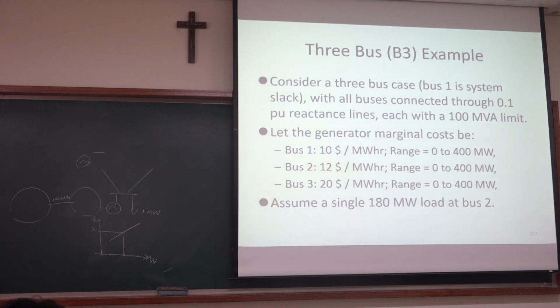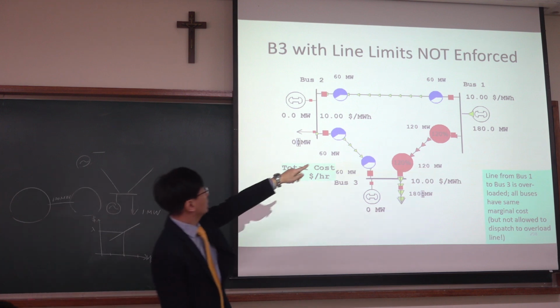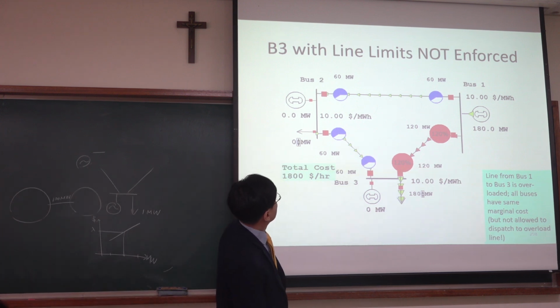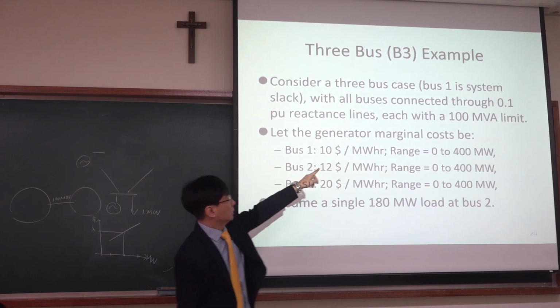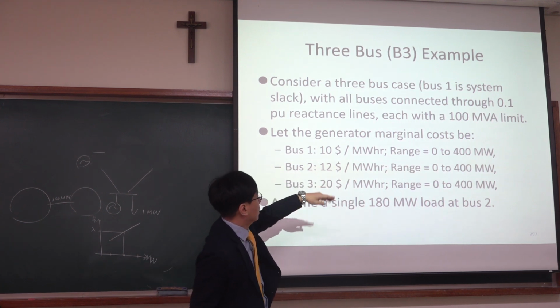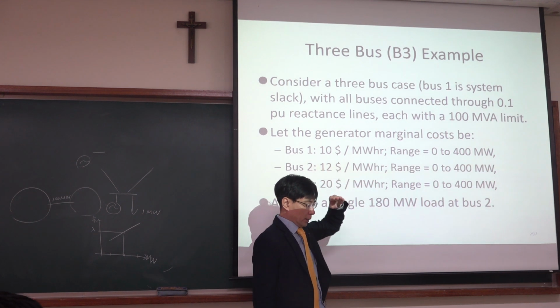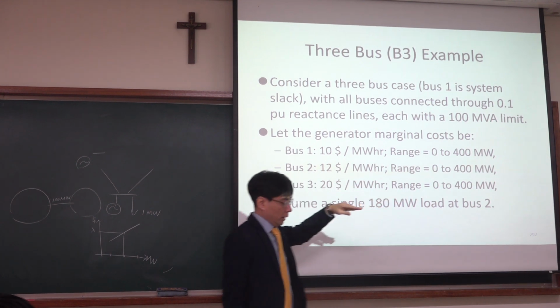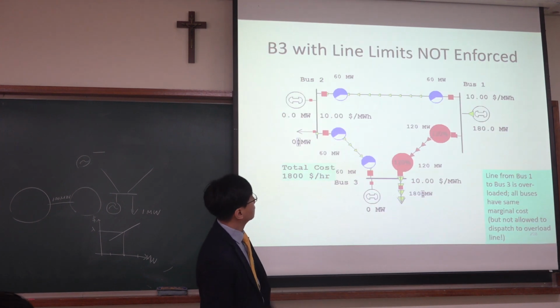And a 3-bus example. Consider a 3-bus case, and bus 1 is the slack bus, then bus 2, and bus 3. And the generators and their marginal costs. For simplicity, we assume constant marginal cost at each generator: $10, $12, $20.